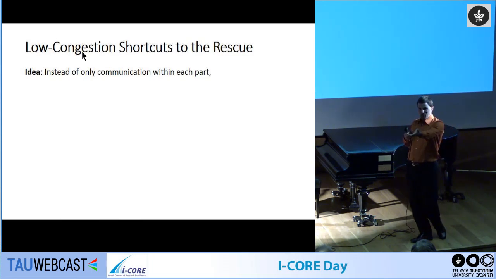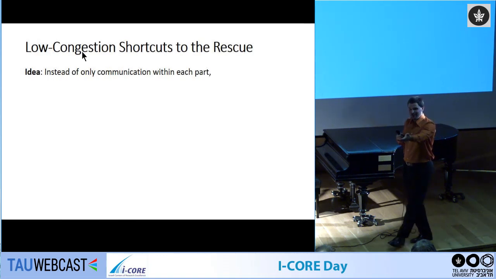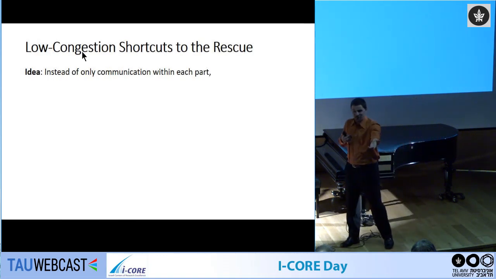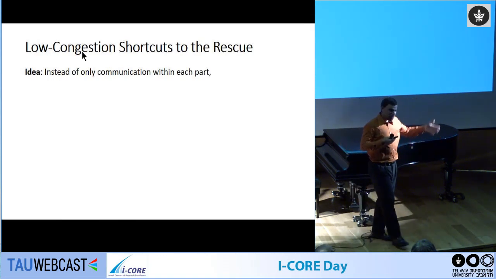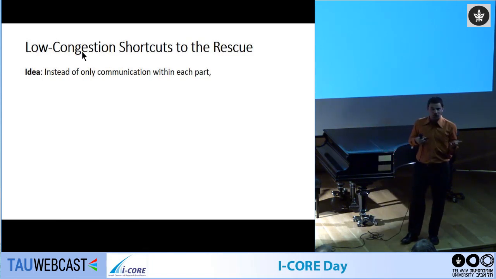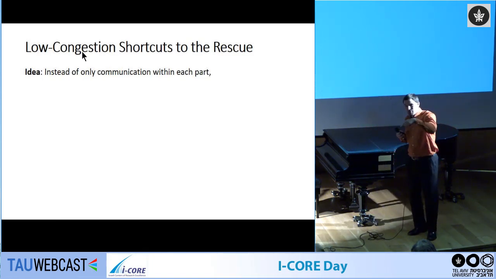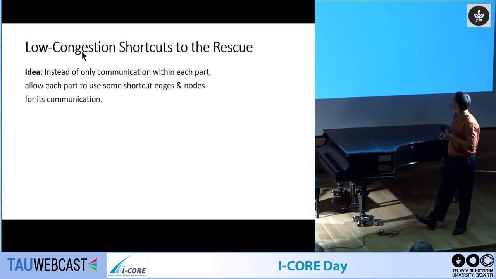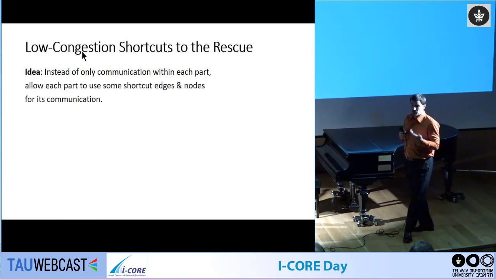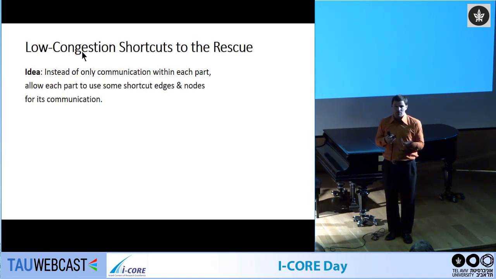But instead, what we should do is use some extra edges. If the graph overall has a short diameter, then there should be a short path to come from one end to the other. So let's use some extra edges and some extra nodes just for the communication. That's what a shortcut is.